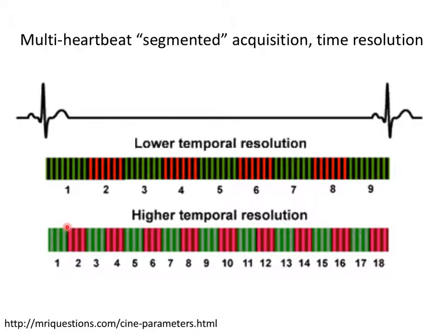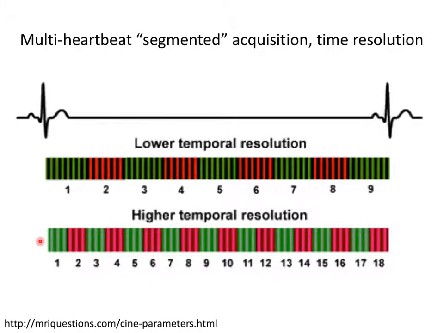However, if we can only take 50 milliseconds of data, it's going to take twice as long to make these pictures as it does to make these pictures, because we can't use all of this 100 milliseconds to fill up our raw data space. Now we only have 50 milliseconds, so we're going to take twice as long to make this one, or twice as many heartbeats.